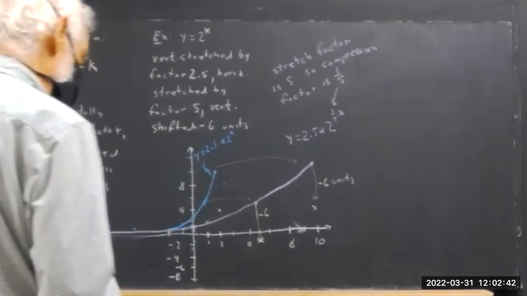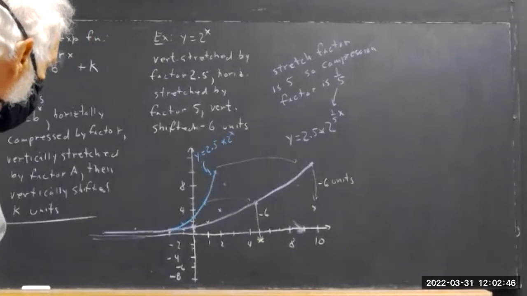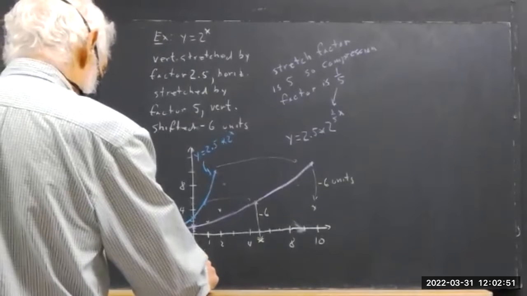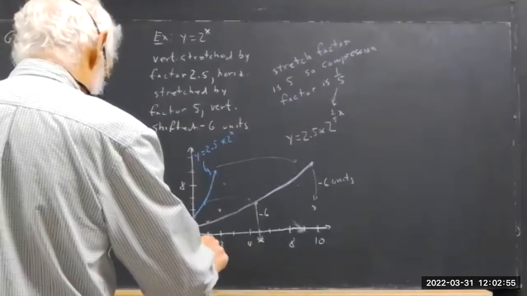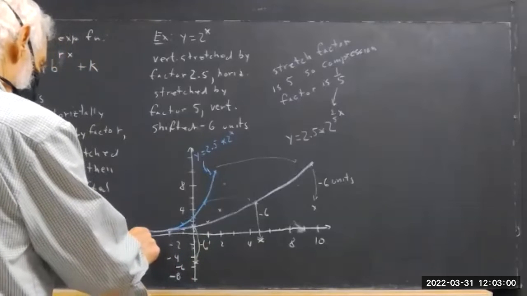We'll have a point about there. It's actually a little higher than that. This point has to go down 6 units, which means it's going to go down to here. And these points go down 6 units.